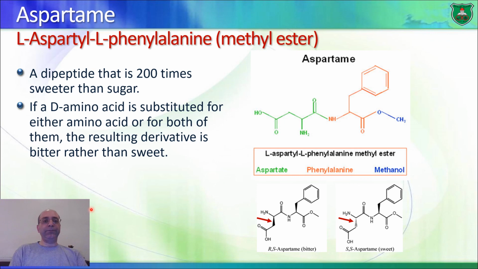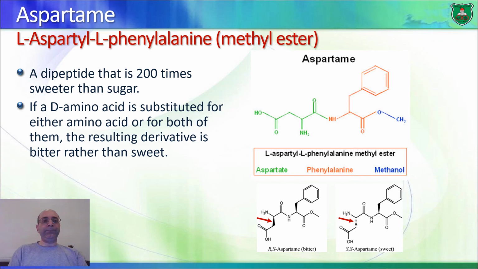Now, what's really interesting is that if you replace any one of these two amino acids by the D stereoisomer rather than the L, it would have a bitter taste rather than a sweet taste.